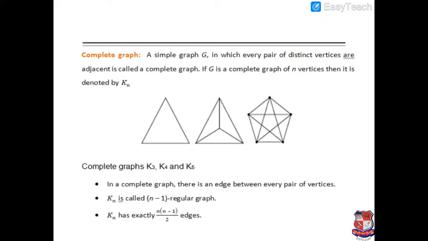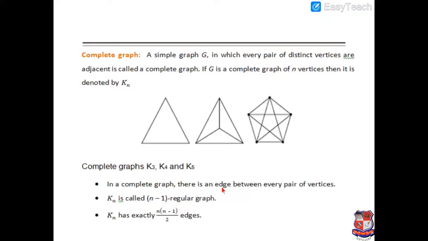That means each and every vertex is adjacent to other vertices. Here the complete graphs K3, K4 and K5 are given, because the first graph consists of 3 vertices, the second graph consists of 4 vertices and the third graph is of 5 vertices. So they are denoted by K3, K4 and K5.